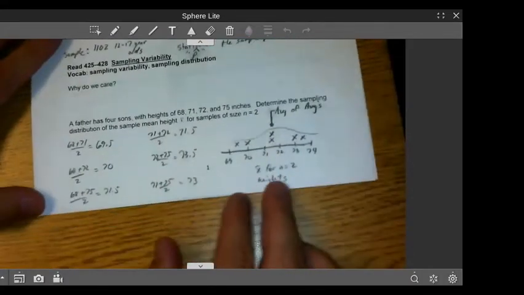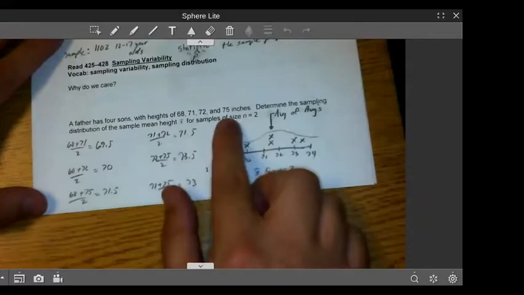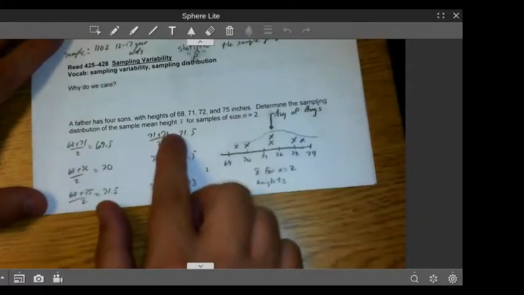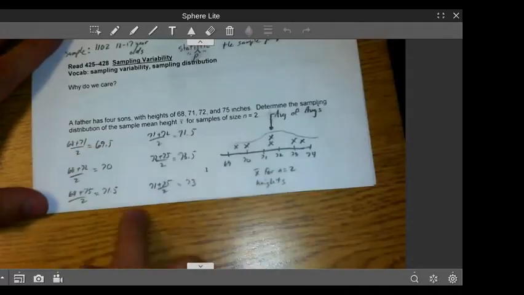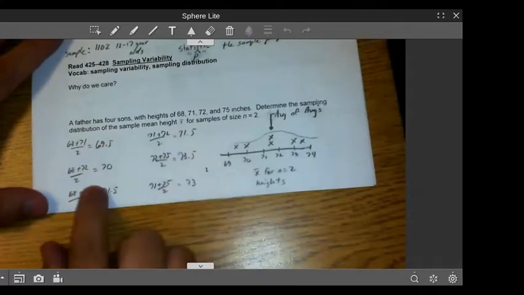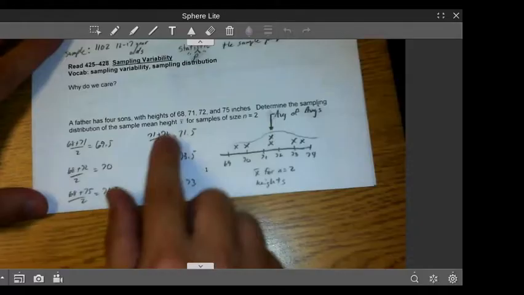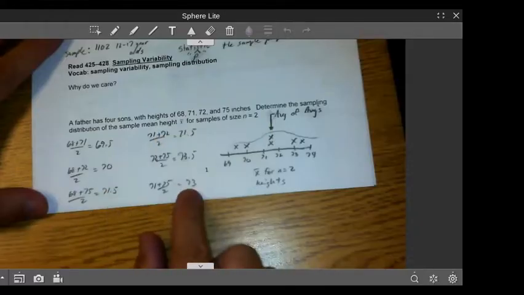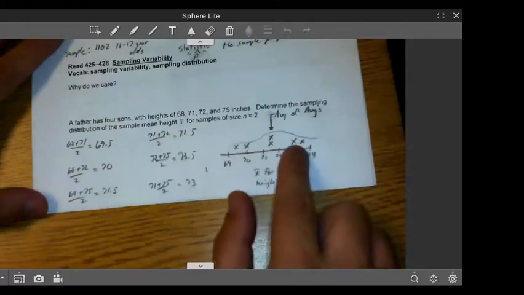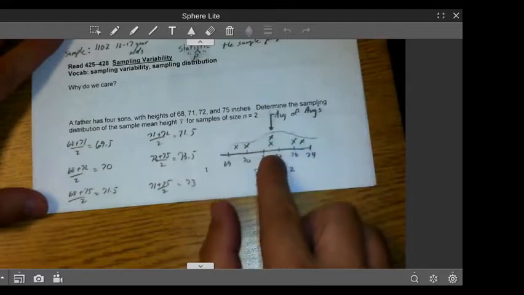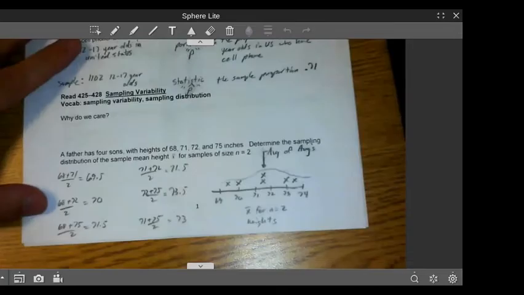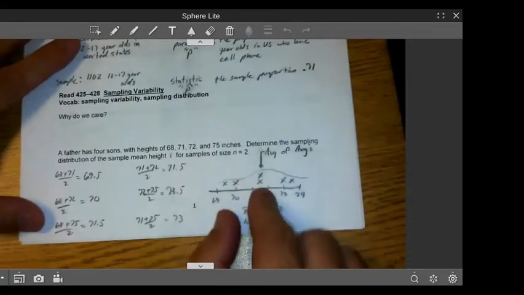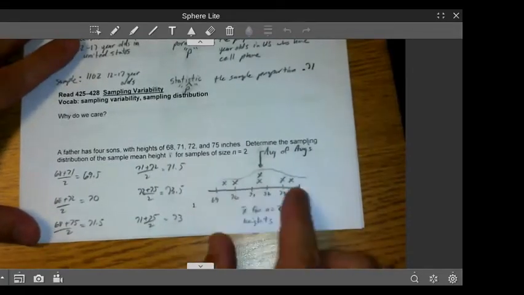The next one: a father has 4 sons with the given heights. Determine the sampling distribution of the sample mean for sample sizes of 2. Basically, we're finding the average of any 2 of the boys at a time, the average of the 2 heights. Then I plot those on a line, and the average of the averages will be, in this case, right where these 2 are. We've made it so that these are nice and neat.